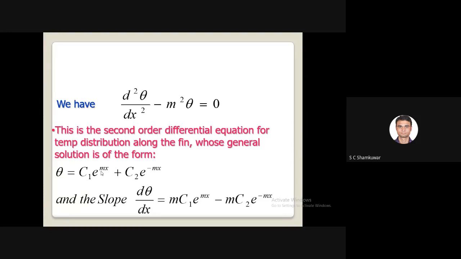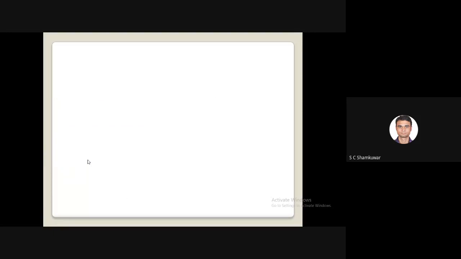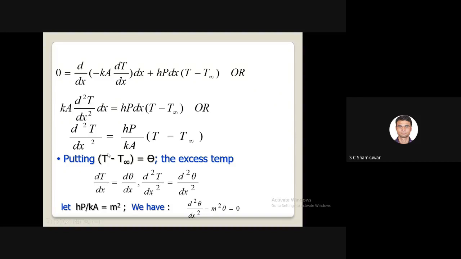Understood? And what is m square? m square is equal to hP by kA. These are two important things.